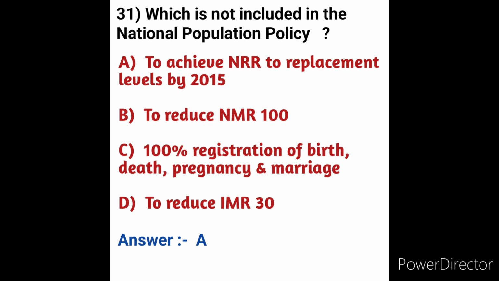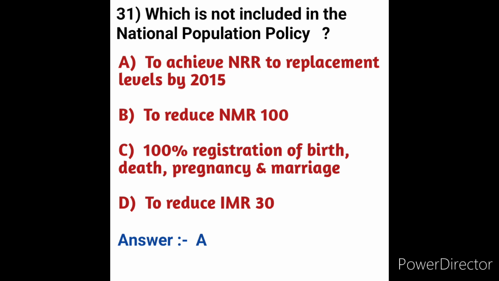Actually, NRR means net reproduction rate, so this is not related to the National Population Policy. So option A is the correct answer here. The National Population Policy, NPP, was started in the year 2000.